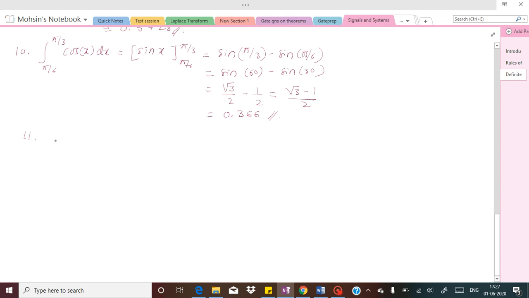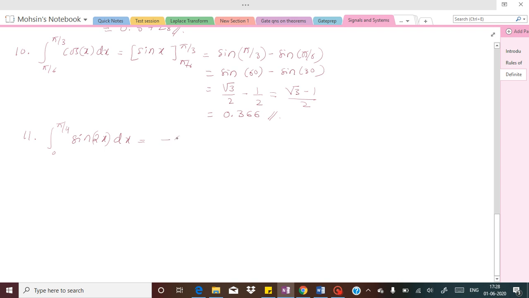Example number 11: integral from 0 to pi by 4 of sine of 2x dx. So integration of sine x is minus cosine x. Therefore integration of sine 2x is going to be minus cos 2x divided by 2.